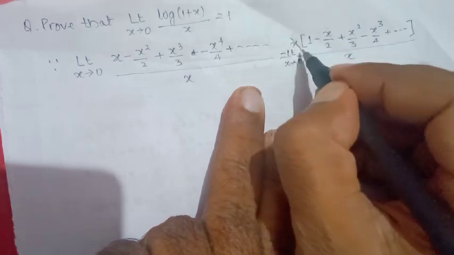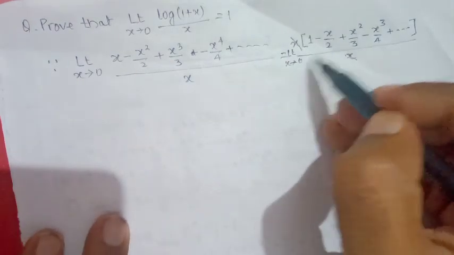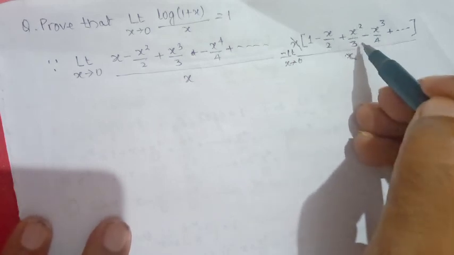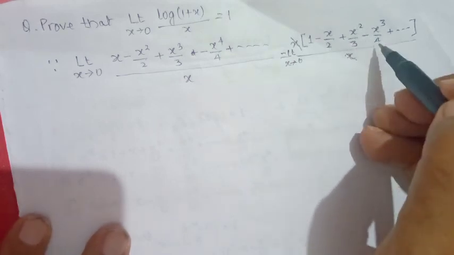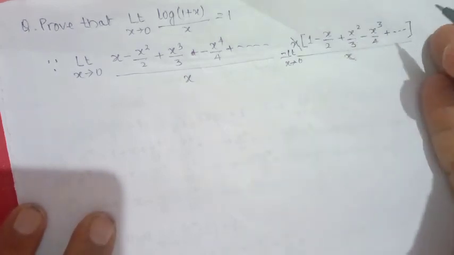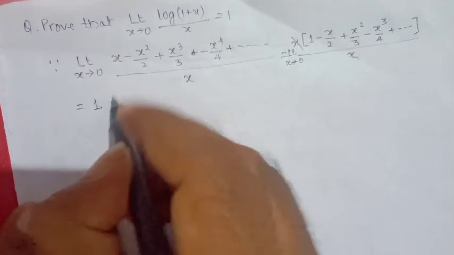So this x and this x cancel. Now apply the limit. Each term after the first will be 0 by 2, 0 square by 3, 0 cube by 4, that is 0. Each term becomes 0 after putting the limit, so the value is 1, which is your result.